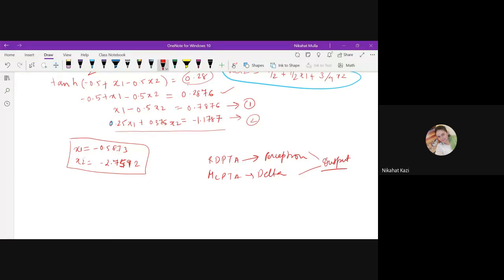It's not a multi-layered network at all. What is the equation for perceptron? It is the same: d minus o times x. What is the equation for delta? d minus o times f dash of net times x. Exactly, that's the only difference.